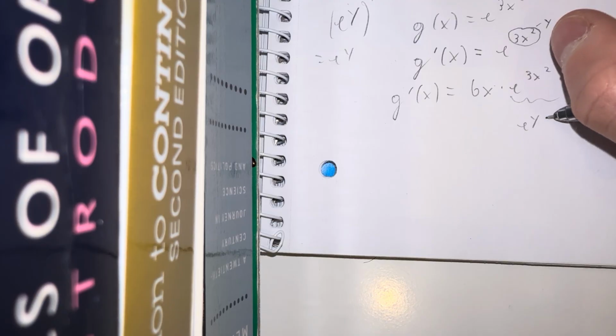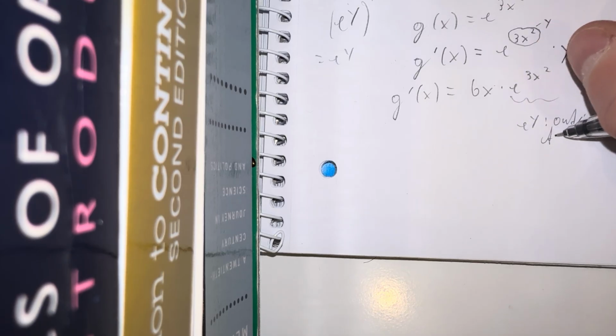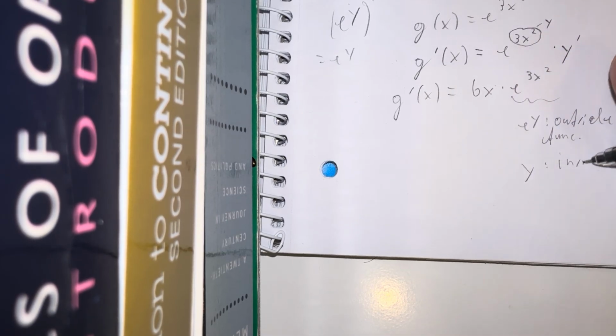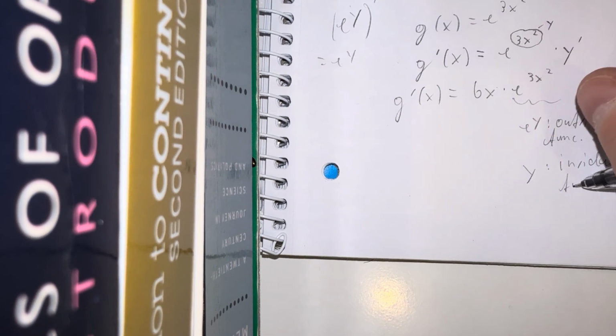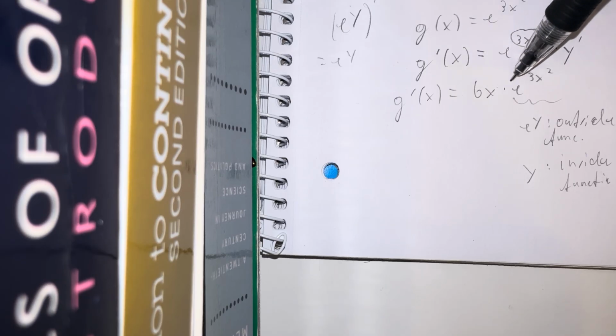E to y, outside function, y inside function. So our final answer becomes 6x times e to the 3x squared. Let's do another example.